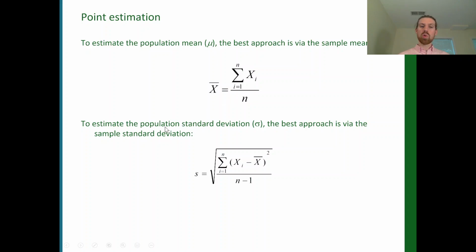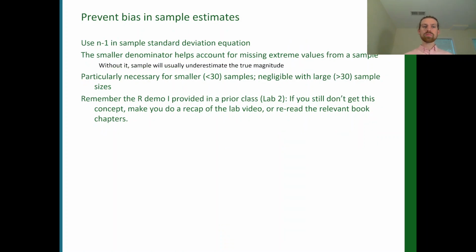We can also do this for the population standard deviation. Again, the best way to estimate the population standard deviation if you've got incomplete data is to take the sample standard deviation, okay, so we want to obtain this value s, and the way to do that is to take the square root of the sum of the squared deviations as the numerator divided by the number of degrees of freedom, okay, and that will produce this sample standard deviation, which is the best way to represent the overall population if you don't actually have all of that desired data.